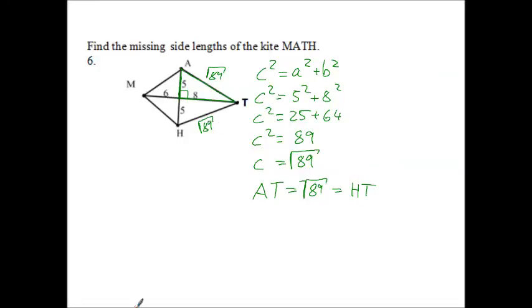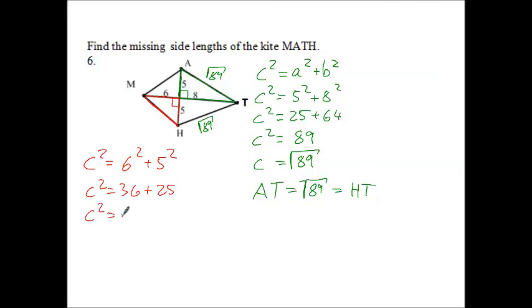And we can do the same to find our other missing side of the kite. This is part of another triangle, which is also a right triangle. This one here. So in this case, c squared is equal to 6 squared plus 5 squared, which is 36 plus 25.